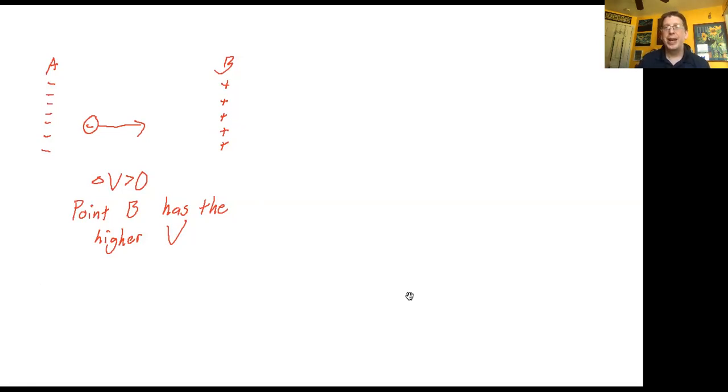And since the only force acting on it is the conservative electrical force, if it's gaining 5.25 times 10 to the negative 16 joules of kinetic energy, it's losing the exact same amount of potential energy.